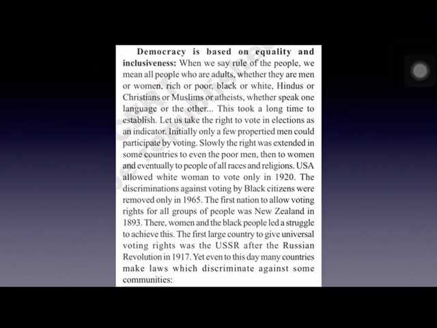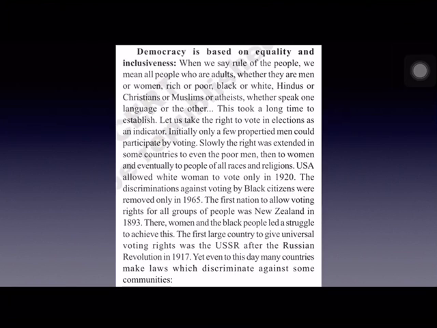In all these countries, the right to vote was not given to all the people irrespective of caste, creed, religion and gender. Initially it was only given to propertied men. There were only a few propertied men, and only those few were given the right to participate in the elections by voting.